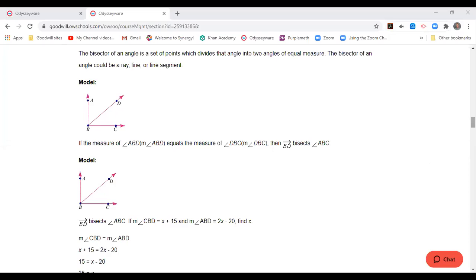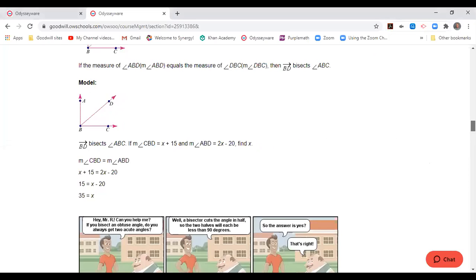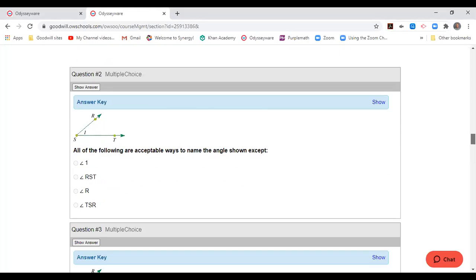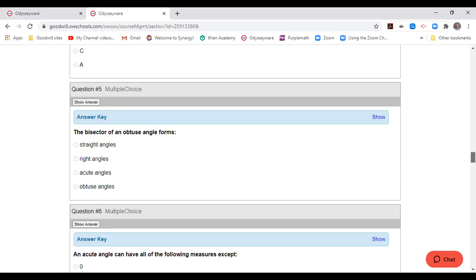And that's all because I used this definition of bisect. That told me that these two angles are going to be equal and allowed me to set up the equation and solve for x as a result. So you'll see a lot of that in these kinds of problems.